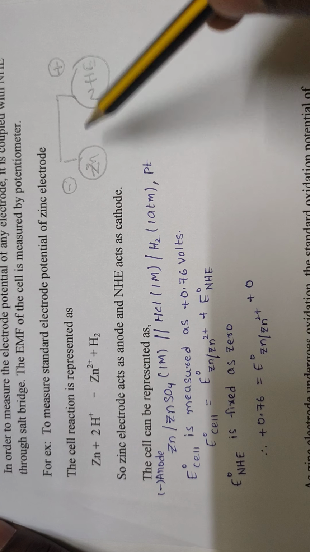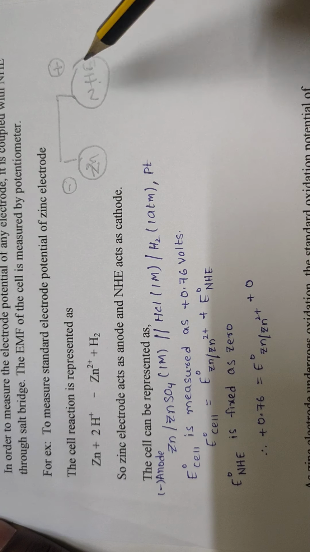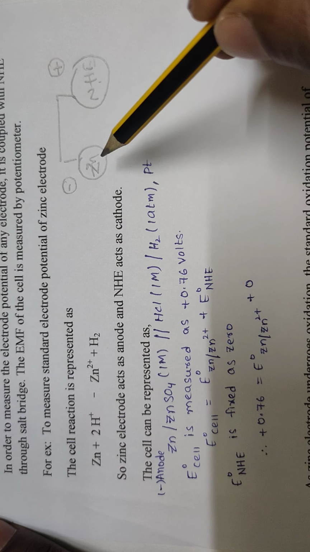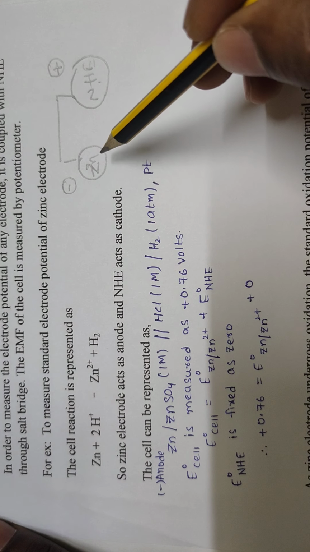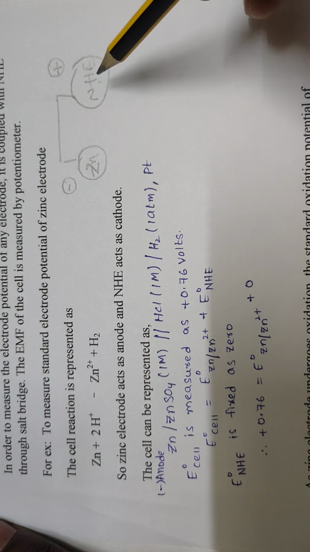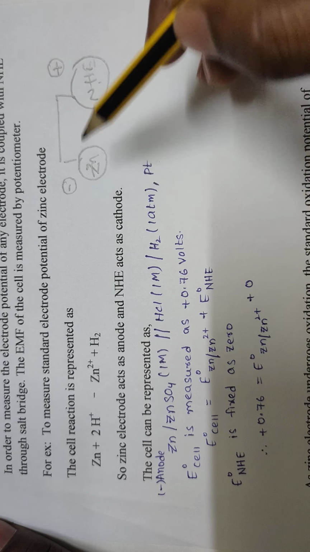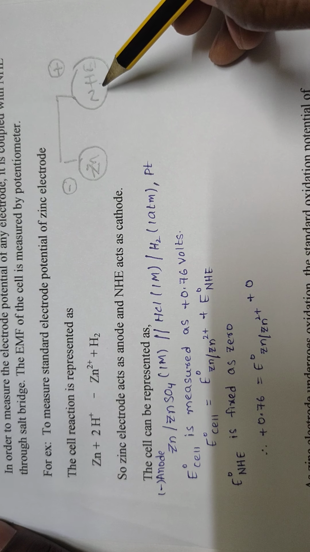Based on the behavior of the connected electrode, it changes its behavior. That is why zinc is placed at the left hand side and normal hydrogen electrode is placed at the right hand side.